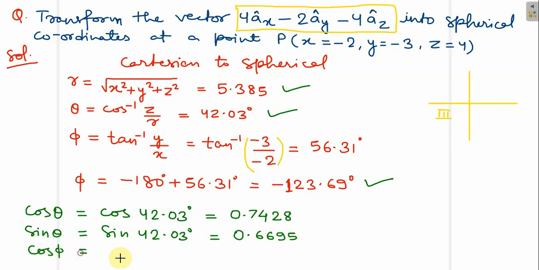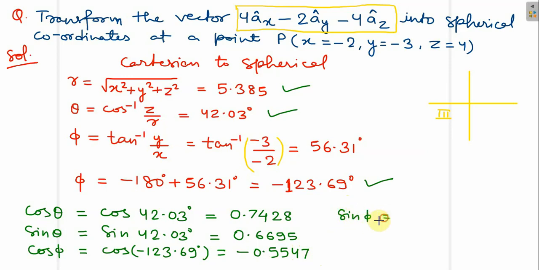Cos phi will be cos of minus 123.69. So it's coming around minus 0.5547.